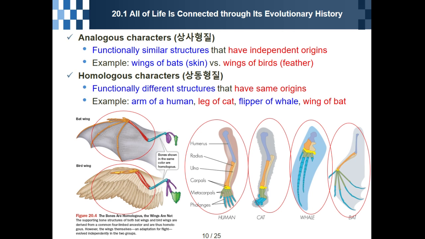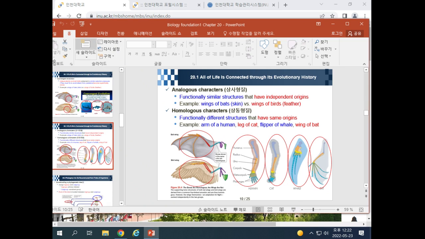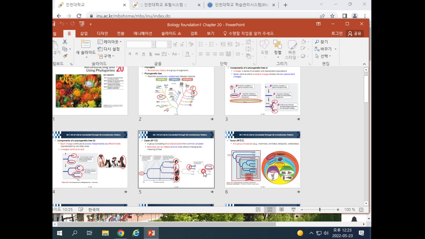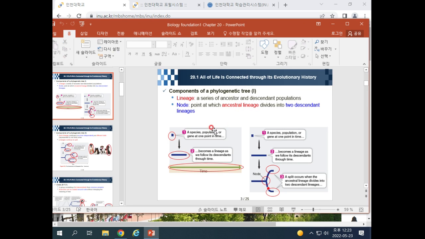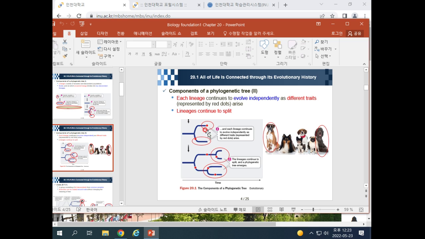Okay, so now, once again, in the first subject, we covered very important terminology: lineage and node, and each spot means different traits.